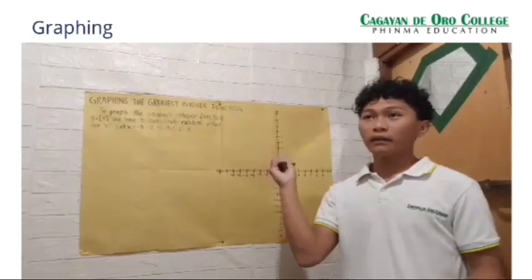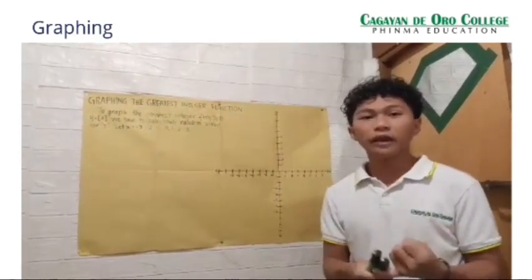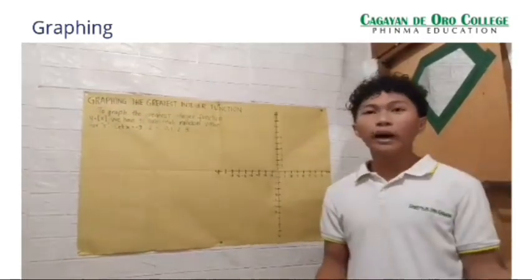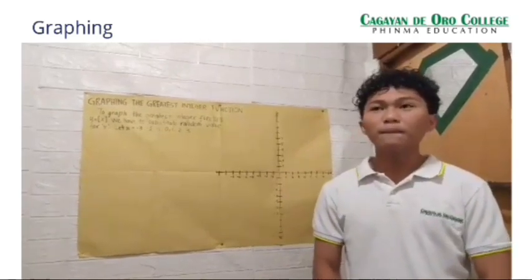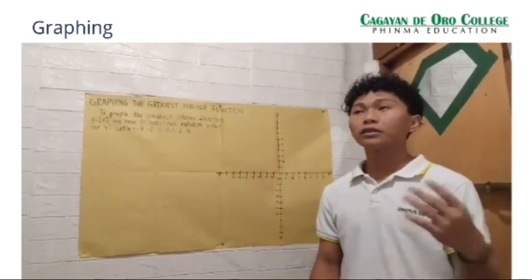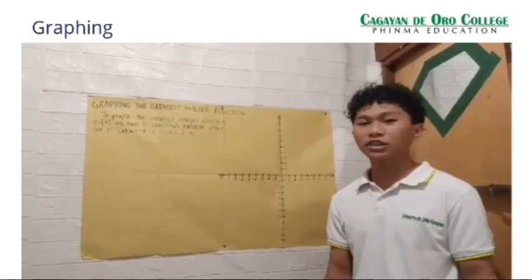Therefore, if x is an integer, then the output will be the same as the value of x. But if the value of x is a decimal, then we will be rounding down to the nearest integer.